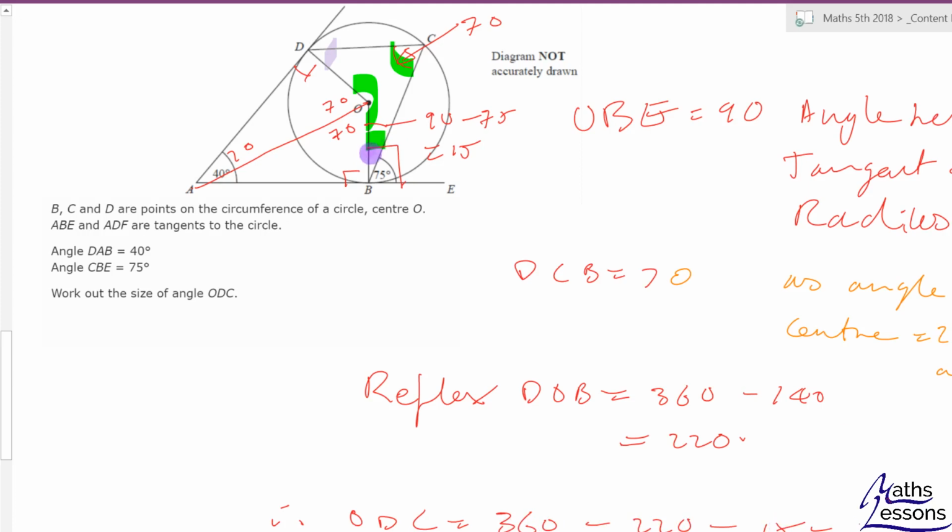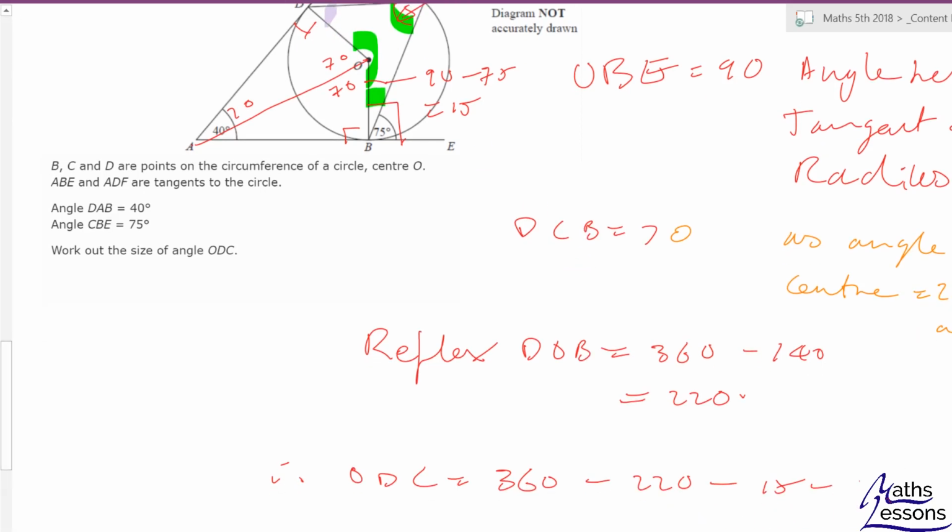So you take this angle away, this angle away, and this angle away from 360, and you're left with the purple angle. So that gives me 140 minus 70 is 70, minus 15 is 55 degrees.